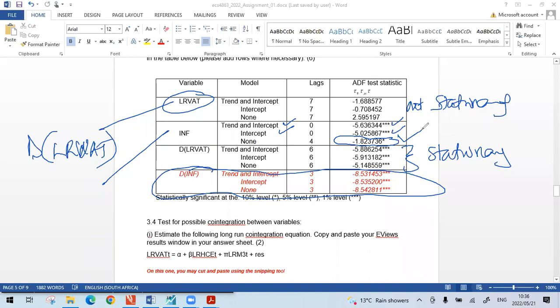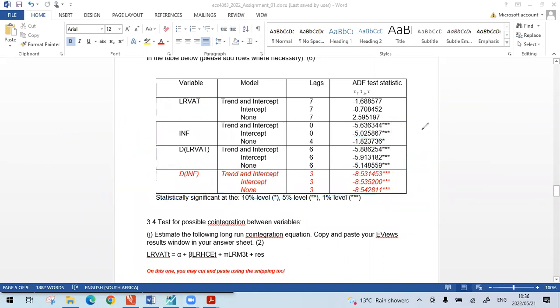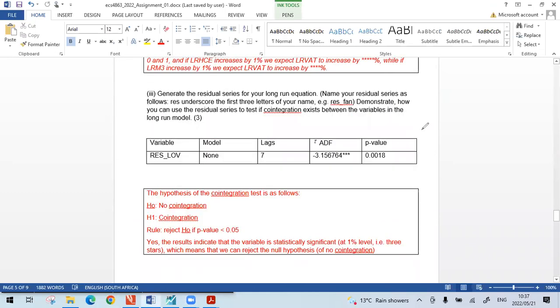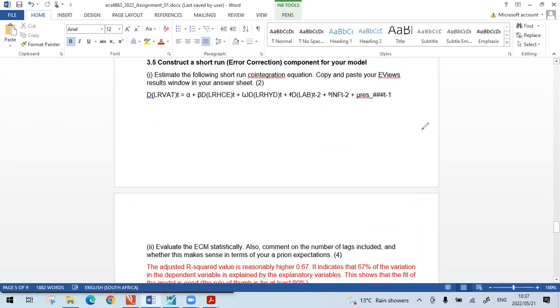That's why when we are moving to our ECM down there, where's my ECM?